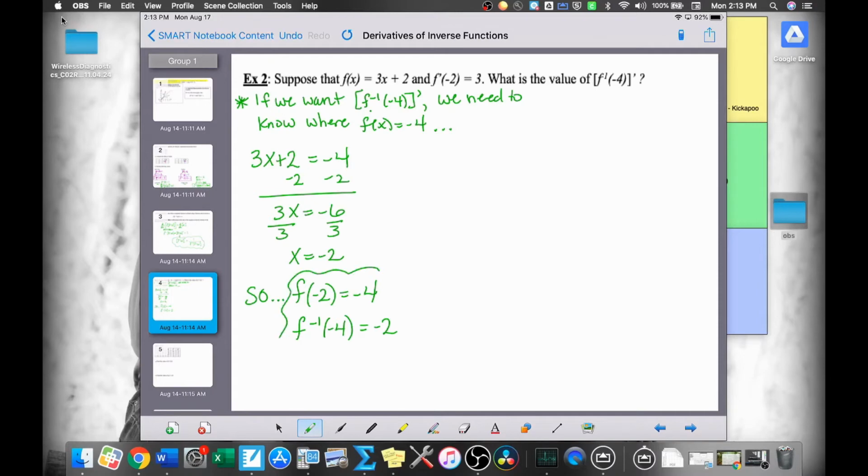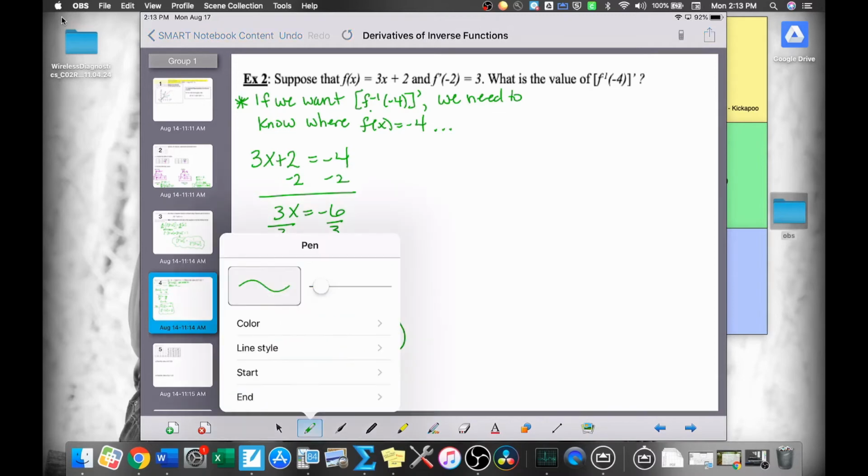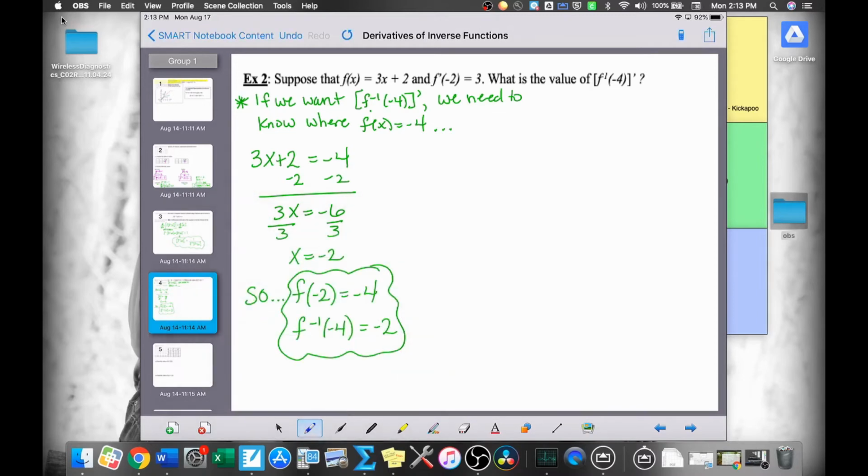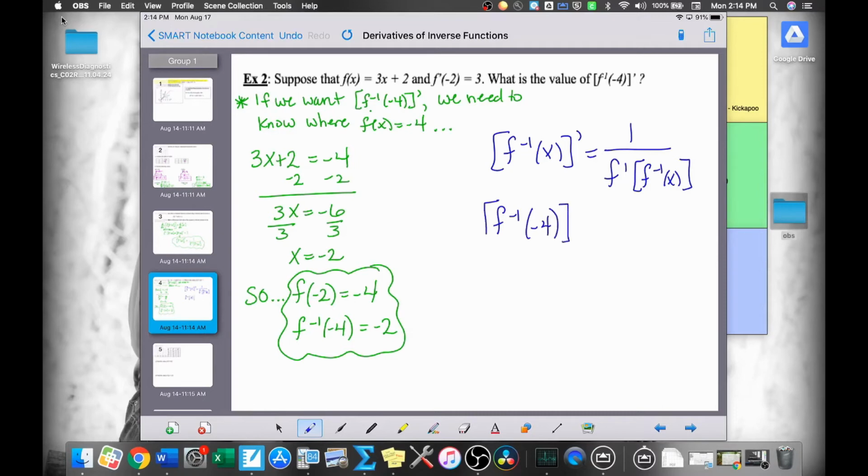So these are two important ordered pairs that we need because we want to find f inverse of x prime, and we know that that's equal to, this is just from the previous problem, 1 over f prime of f inverse of x. So for this particular problem, we know x is negative 4, so we want to find f inverse of negative 4 prime, or the derivative of f inverse at negative 4.